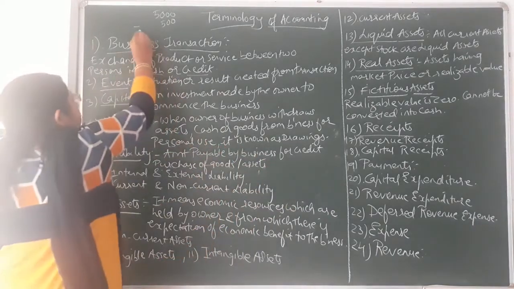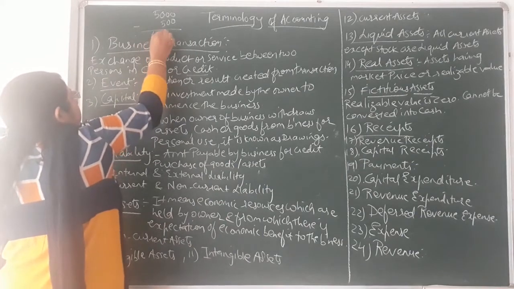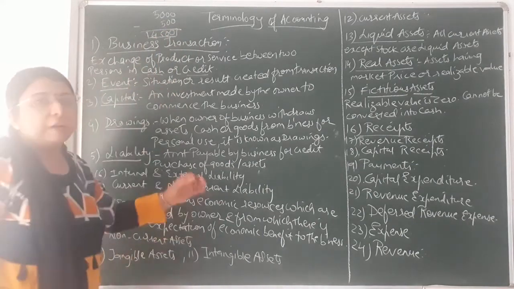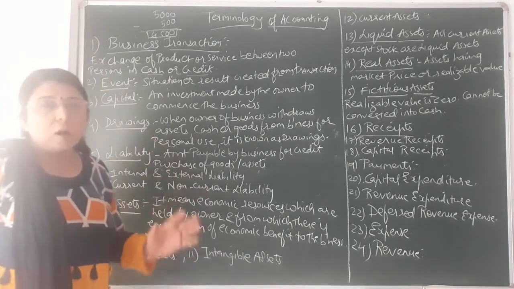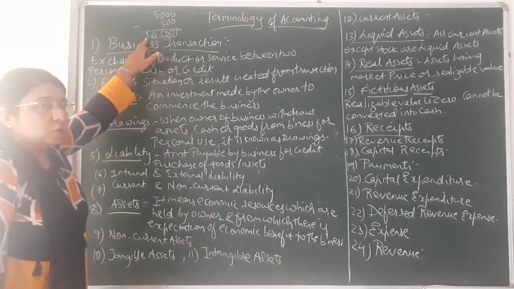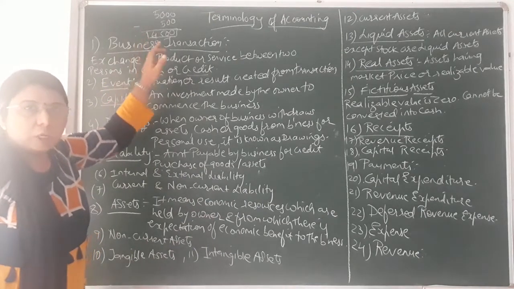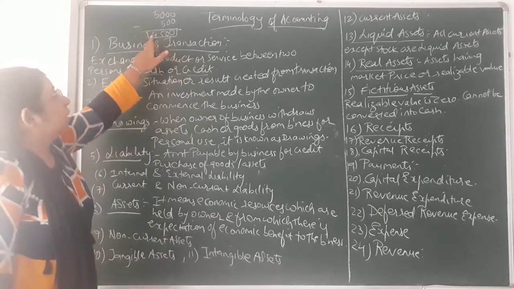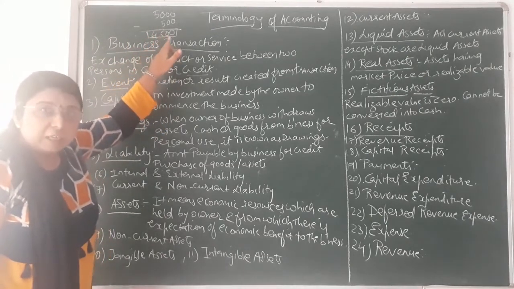Because of these two transactions, the result is that a profit of rupees 4,500 is earned by the firm. It means the actual amount that has come into the business is rupees 4,500. This is the situation that has occurred because of these two transactions. So this is the event.